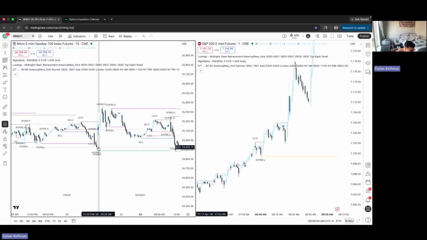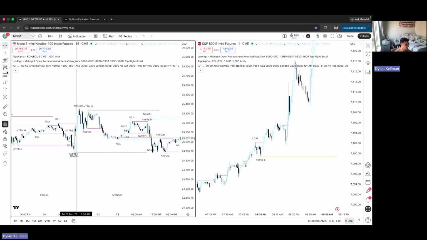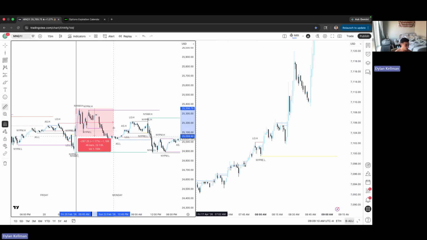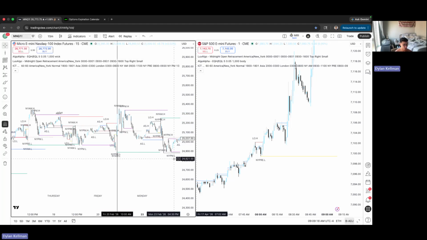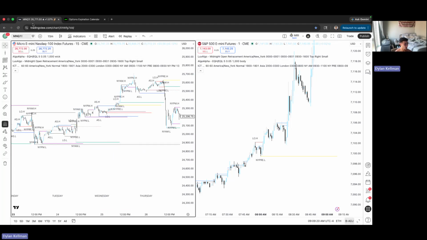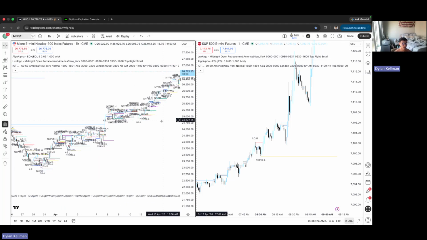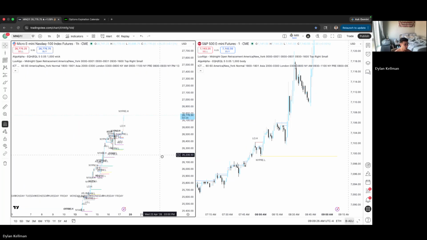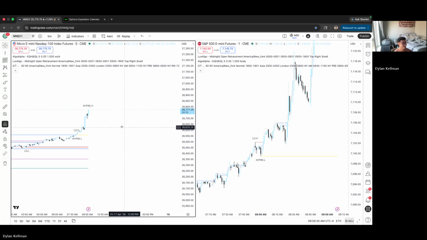As you see after 9:30, this just did nothing the entire day. We just stayed in this kind of range for the rest of the session, and kind of trash. That's usually what happens on the OPEX days. I've gotten destroyed trading them, so I don't recommend doing it.